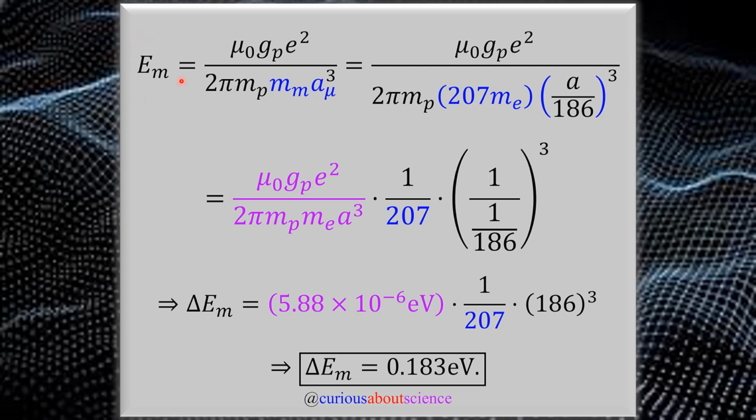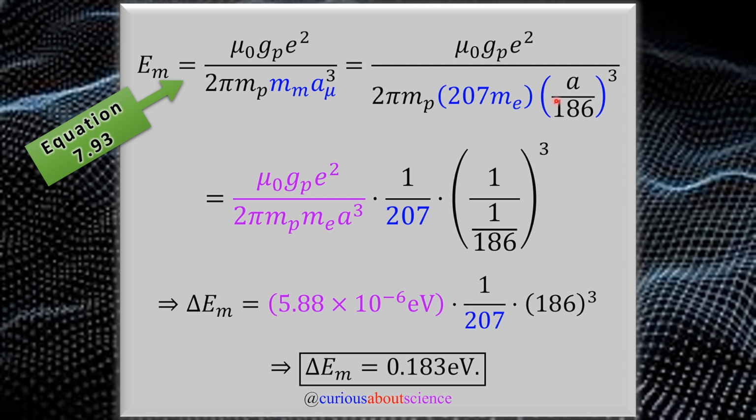All right, so if we plug back into equation 7.93, we realize here that everything that gets modified was in the blue. Okay, so we have mu g_p e squared, 2 pi m_p, and then the mu goes to 207 m_e, and then my a_mu goes to a over 186. Okay, that's cool enough.